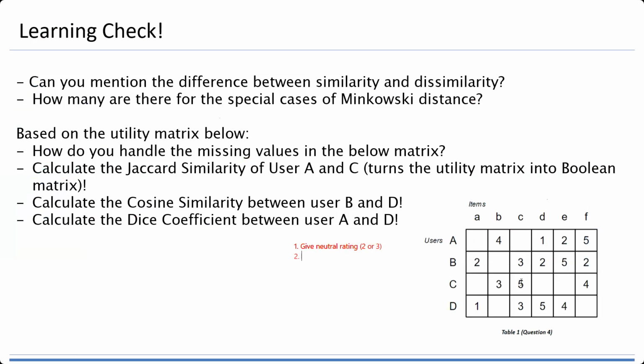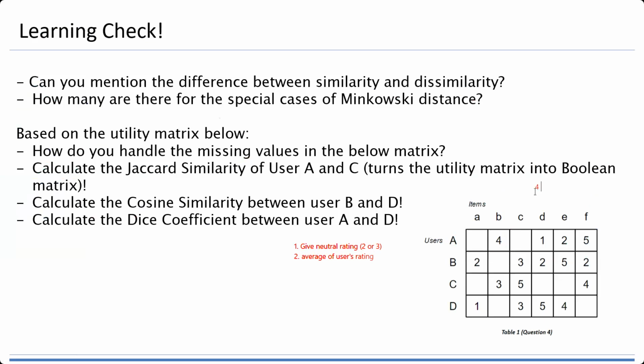There is another idea for how to handle missing values. We can use the average of the user's ratings. For the average of user rating, it means I will check the average, which is 4 plus 1 plus 2 plus 5, and then divided by the number of items that the user already rated.